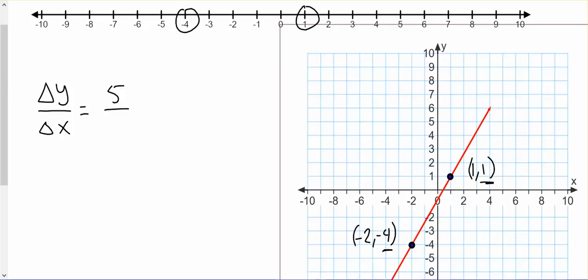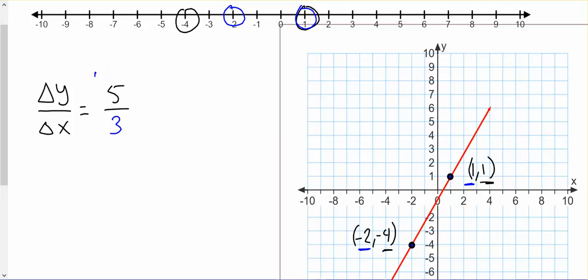Our change in x, from negative 2 to get to 1, is 1, 2, 3 units. And we can count that. So we're going up 1, 2, 3, 4, 5 over 1, 2, 3.